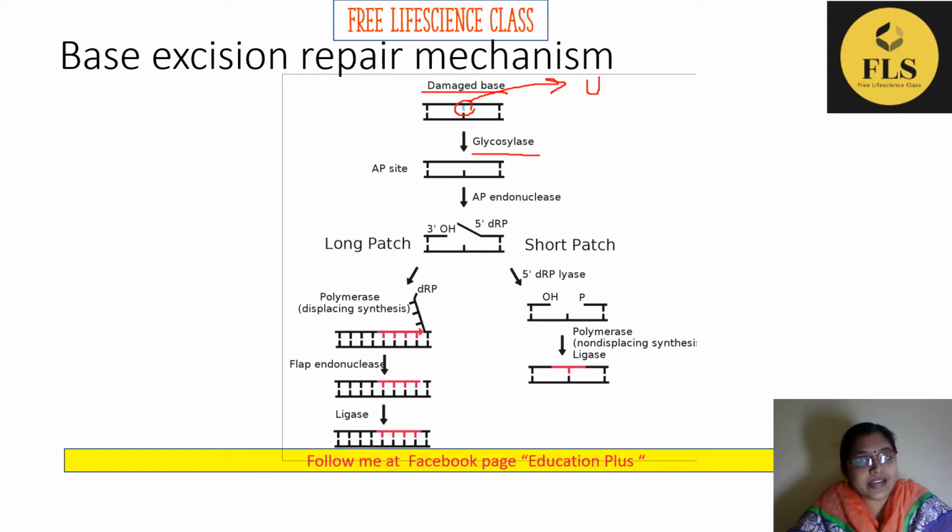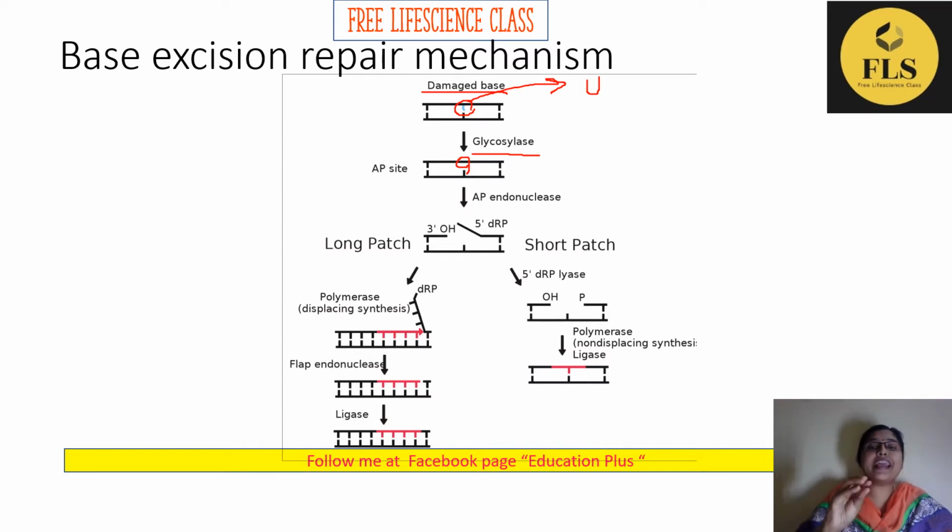The uracil glycosylase, because we assumed it as uracil, hence we take this uracil glycosylase for removing this unusual base. Okay, so this uracil glycosylase will remove that unusual base, leaving a gap there.